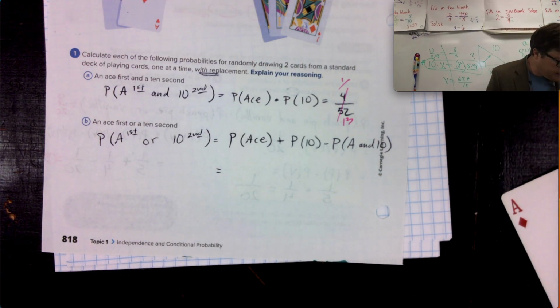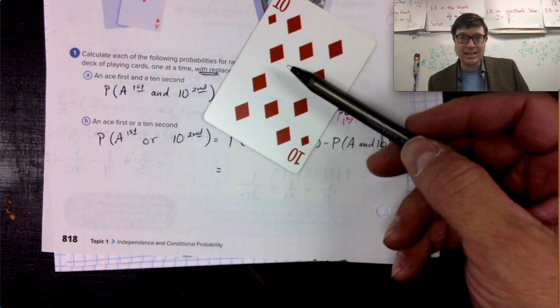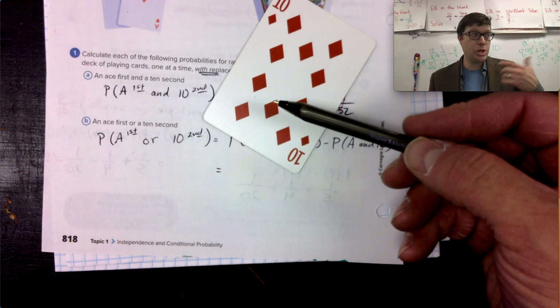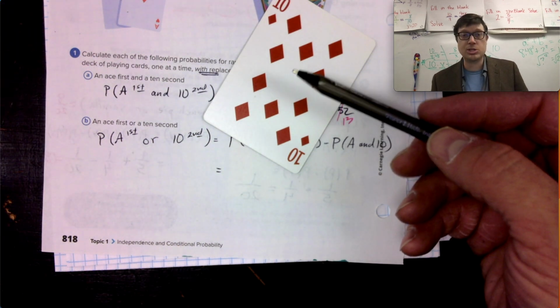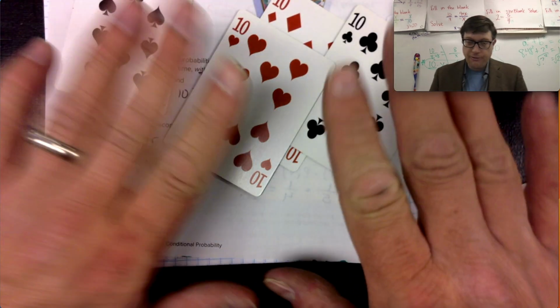Multiply by the probability of getting a 10, it's the exact same. The fact that I drew a 10, there's only one 10 in the suit that is known as diamonds. There are 13 cards that are diamonds, so 1 out of 13. But if I look at the entire collection of all of the 10s in the deck, so 10 of clubs, 10 of hearts, and 10 of spades, there are 4 total 10s out of 52.